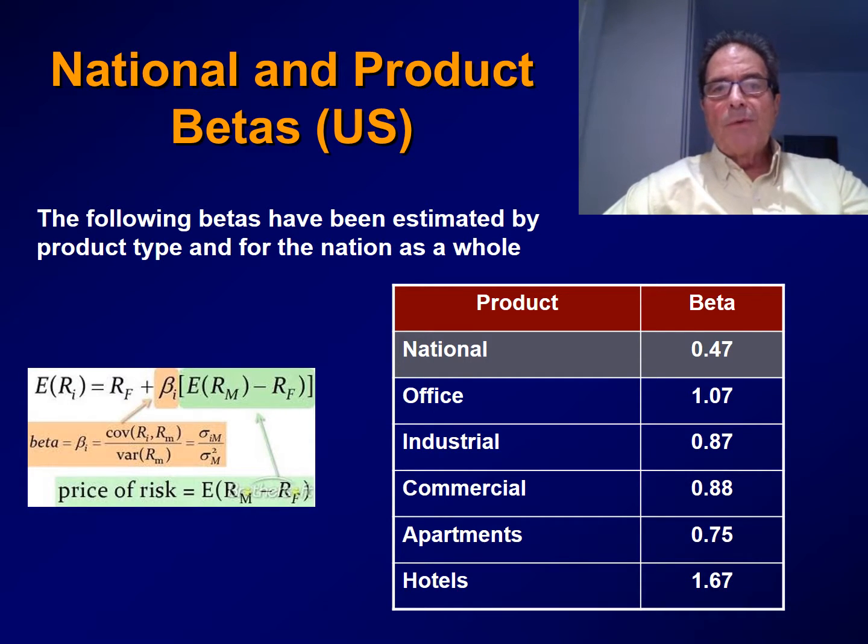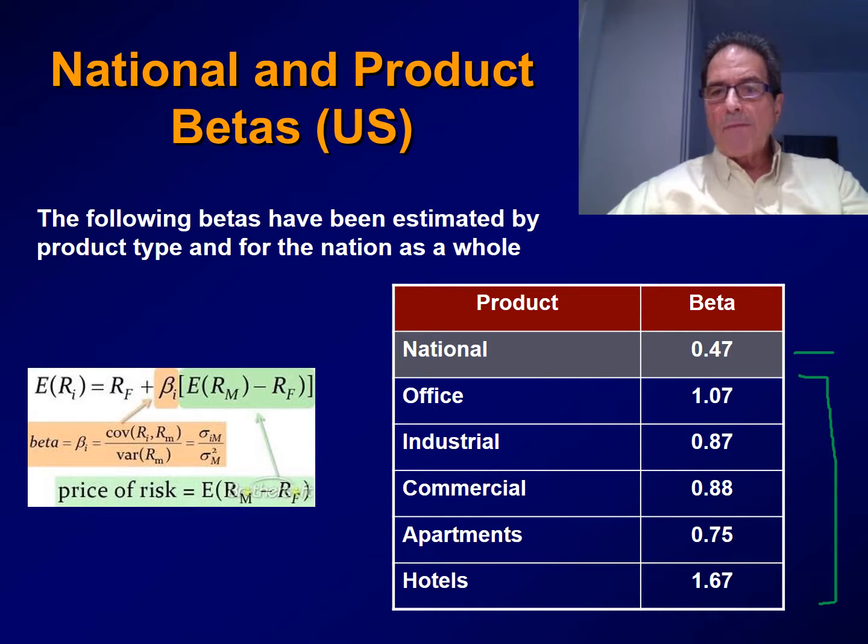Now we show the results that were obtained for the US market, starting with the national beta and the product betas. At the national level, the beta is equal to 0.47. And for the different product markets, we have this series of betas.